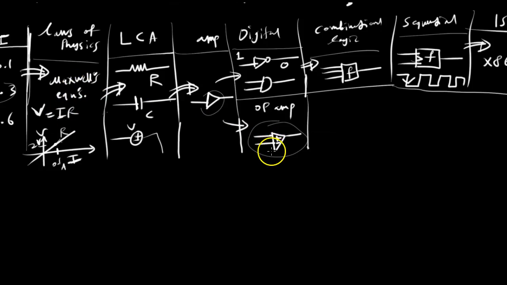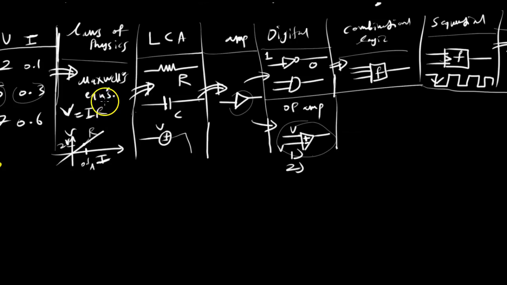We're only going to look at a set of simple rules, 2 rules to work with op amps. For example, one is that for an ideal op amp, no current flows in or out of the op amp. The other is that whatever the voltage is at the positive side is going to be the voltage at the negative side. So we look at a few rules like that, and then we do not have to worry about Maxwell's equations and apply them to these scenarios.